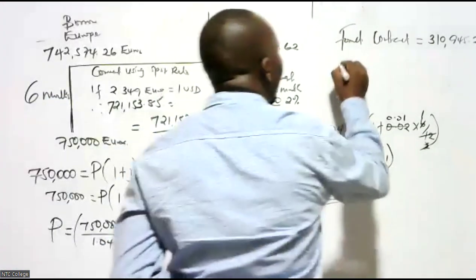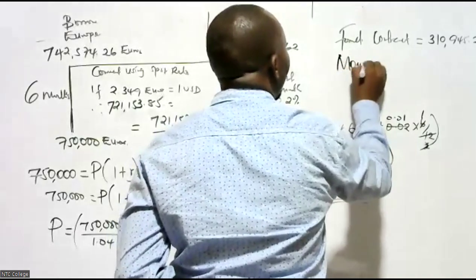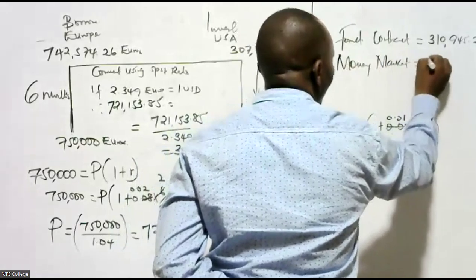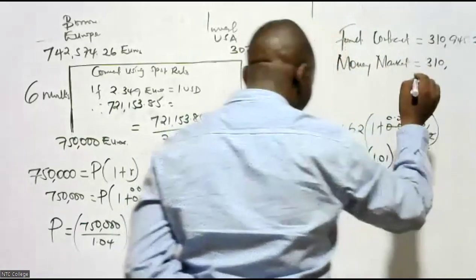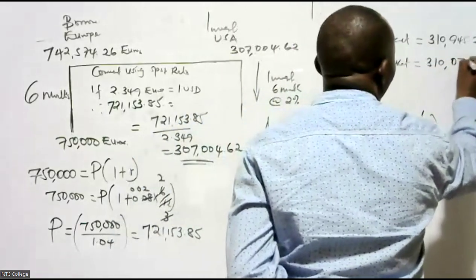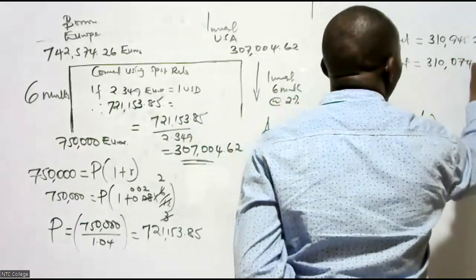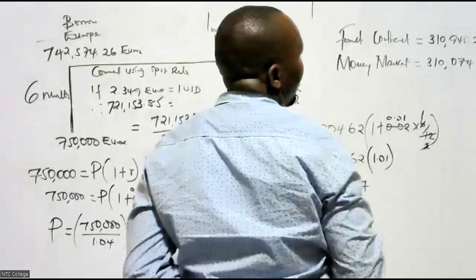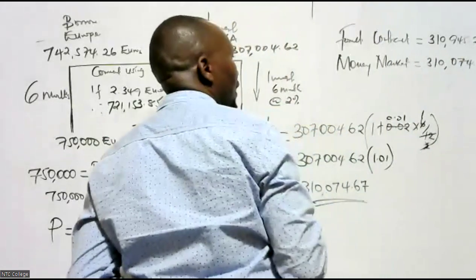So the money market is equal to 310, just like this one. But now it is 0.74.67. This one is a receipt.